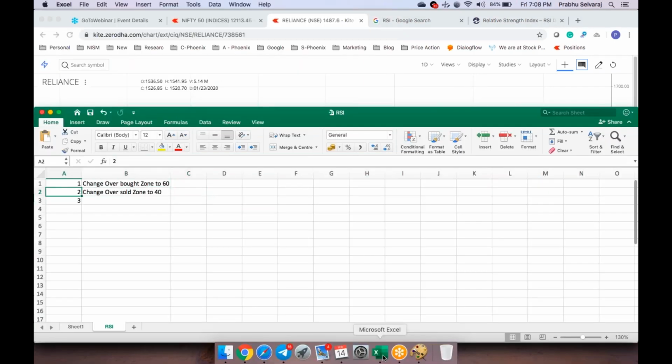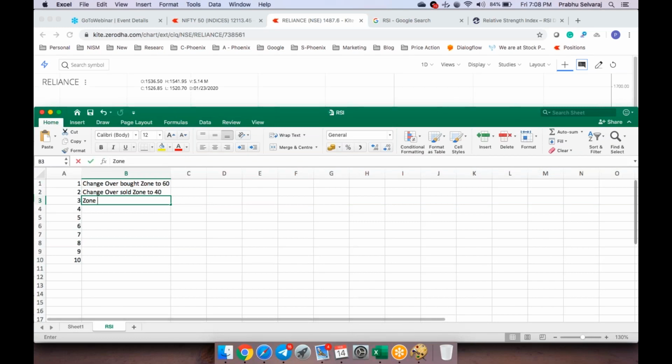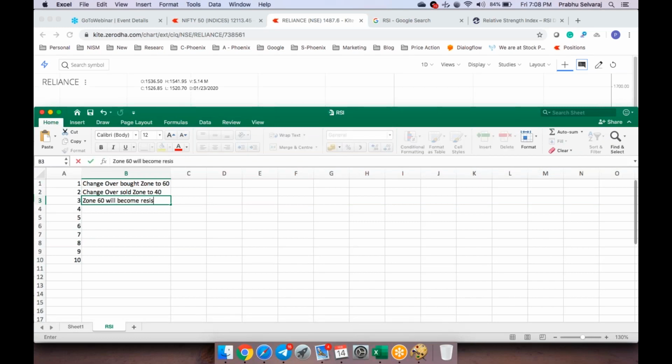Let's come back. So let us write every characteristic of RSI. Zone 60 will become resistance. Zone 60 will become support.